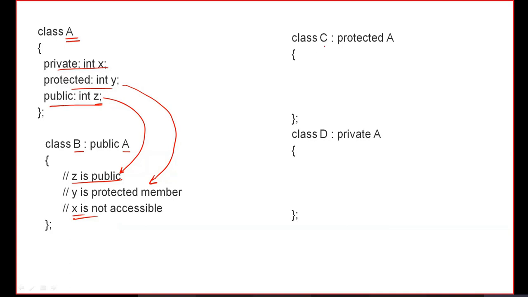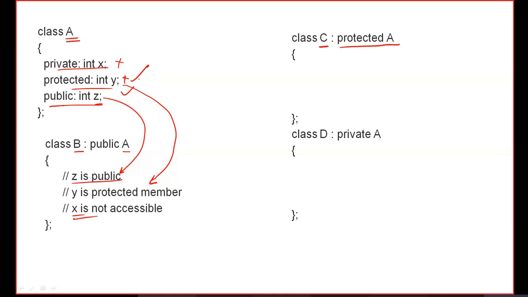Now, let us take class C, which is inheriting from class A, but in protected manner. Will X be accessible? No. Is Z accessible? Yes. But is Y available?